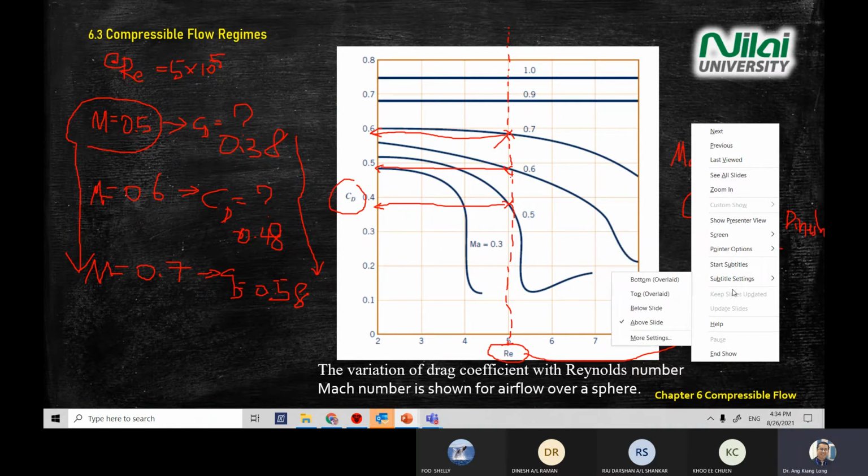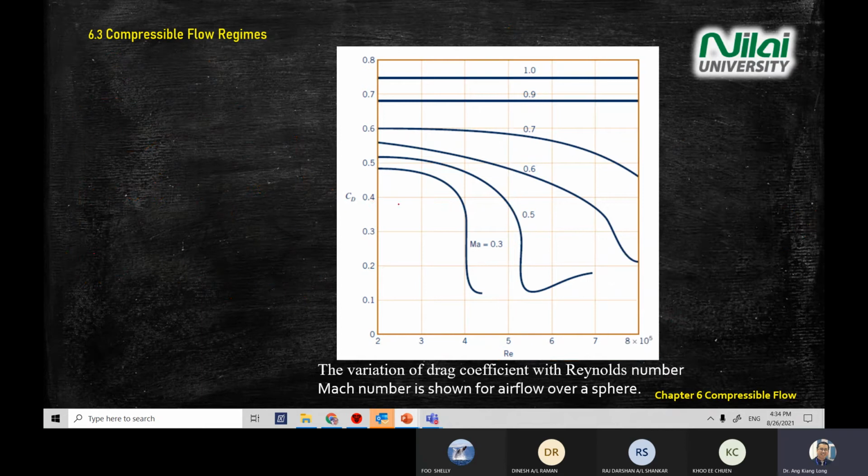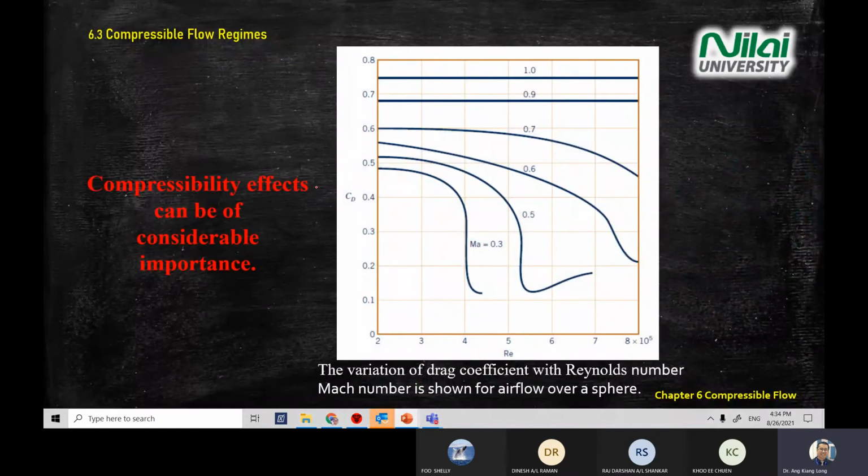Shirley and Raj, I did not ask you because I assume you understand. Stop me if you are not able to understand what I am asking your friend. When you have a compressibility effect, why do we start with 0.3? Because only if your Mach number is more than 0.3 does the compressibility effect take place. So this graph starts with 0.3 and no value less than 0.3.